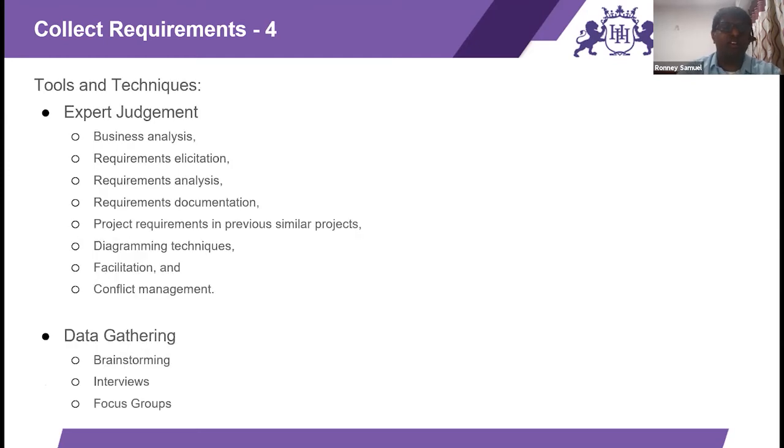So let's come to tools and techniques. Very important: in business analysis, we require people who are experts in collecting the data and in how to write a requirement. Have you had any training or heard about how you should write a requirement? No. Okay, so there are ways and methods.